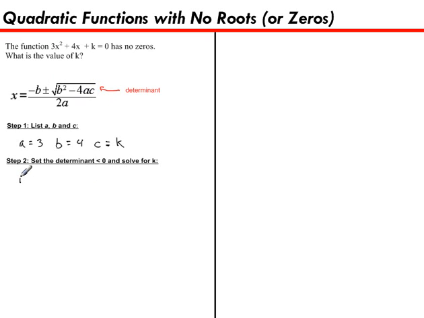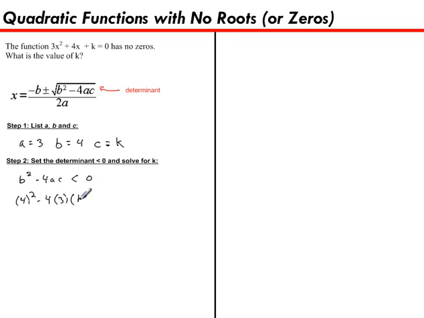So since we're solving for a quadratic that has no roots, let's go ahead and set the determinant to be less than 0. Just like that. And now we'll fill in our variables. So in step 1 we found b was 4, and a is 3, and c was the unknown.